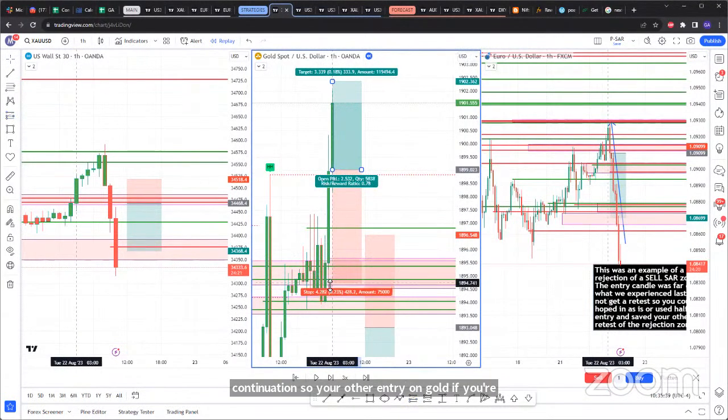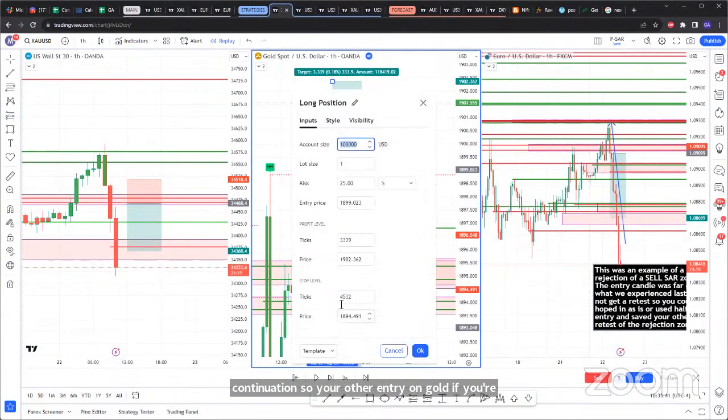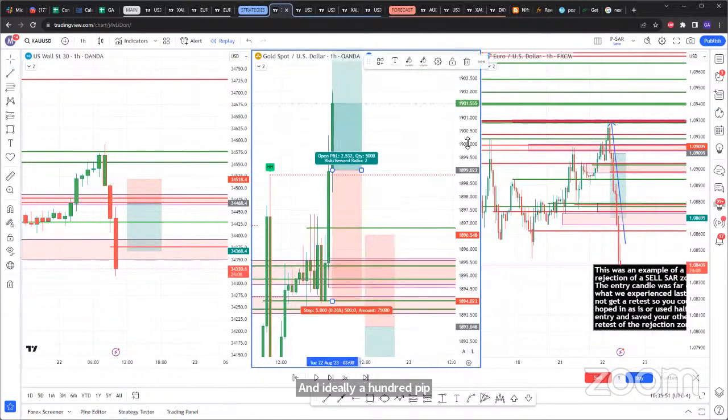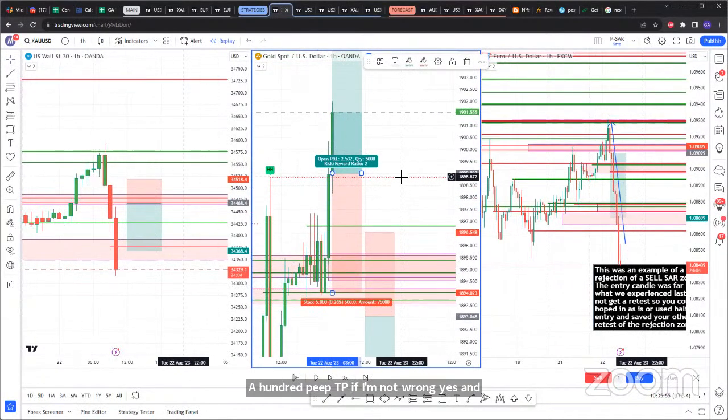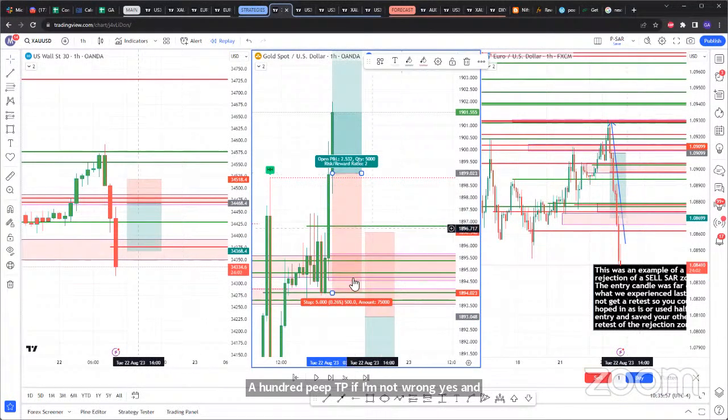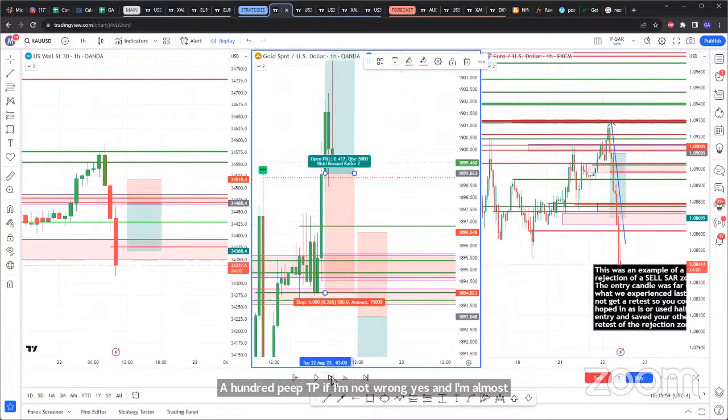But for you to win this trade, look at the amount of stop you would have needed. You'd have needed a 50 pip stop, and ideally 100 pip TP, if I'm not wrong. Yes, and I'm almost sure for this trade. Let's see how far it went.